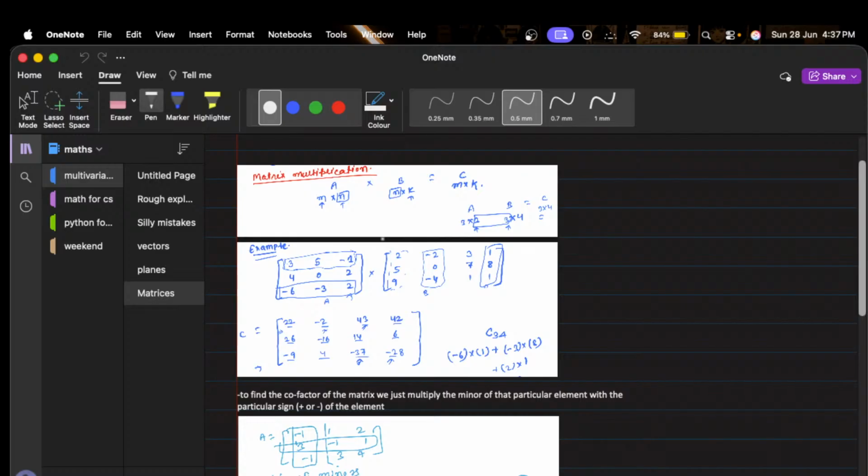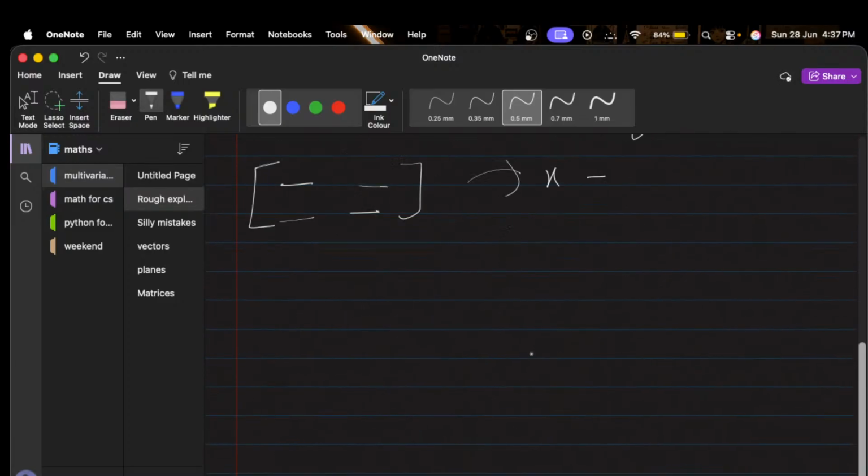Let me just figure it out once. Yeah, we just have to add. From the first we get x plus, it will be minus y. If we are multiplying minus 1 into y, it's basically minus y. So we got x minus y over here.